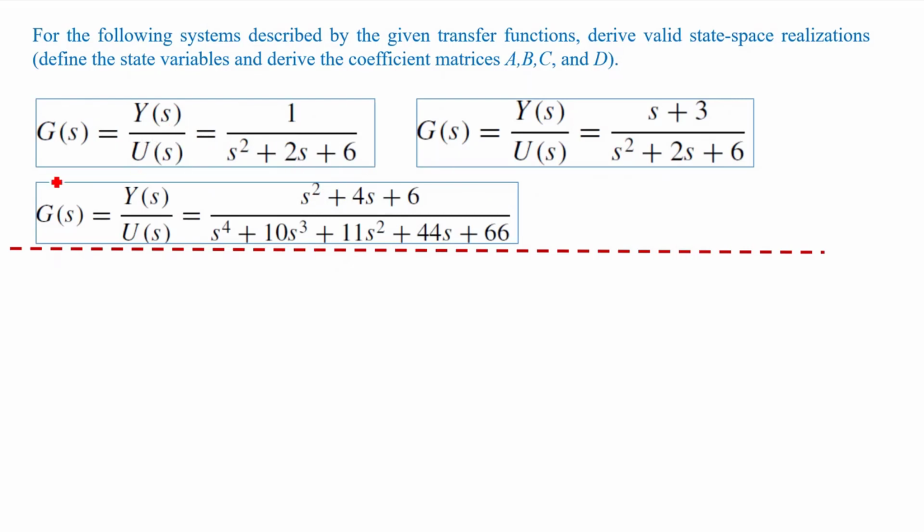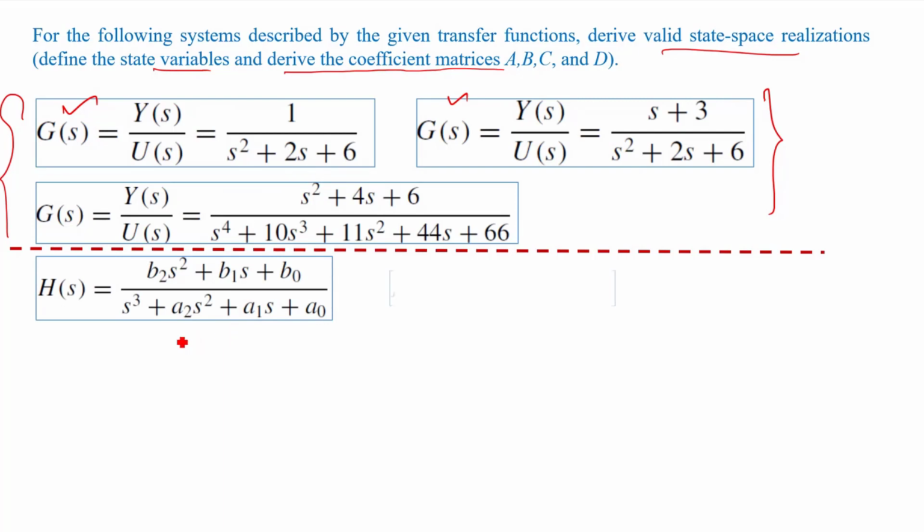There are a few systems given with the transfer function Y(s) by U(s), and we have to derive valid state space realizations, define the state variables, and derive the coefficient matrices A, B, C, and D. Please do this for these three transfer functions. I have scheduled this assignment; you will get it tomorrow at 9 a.m., and submit it as a PDF file.